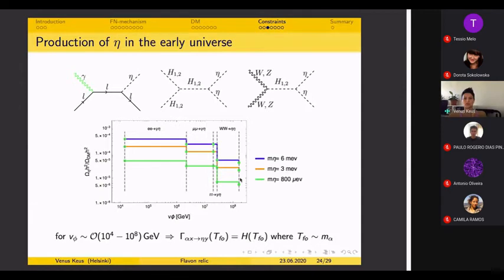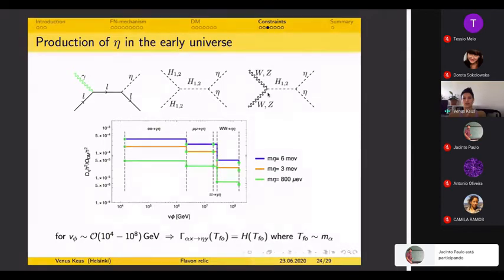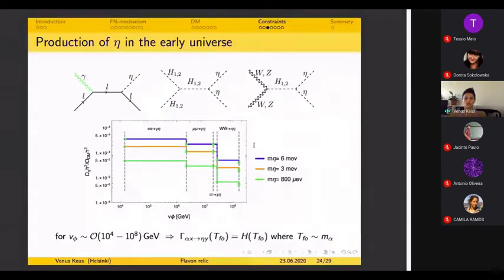So, for example, here you see that for a certain range of the VIVs, it's the WW or ZZ fusion that produces your eta particle, whereas if you had a different window of the VIV of the flavon, a different process would be the dominant production process.